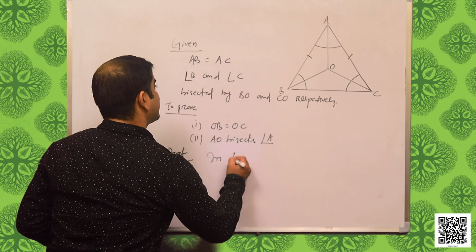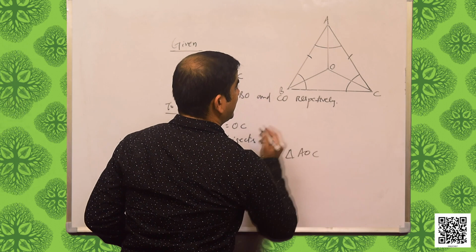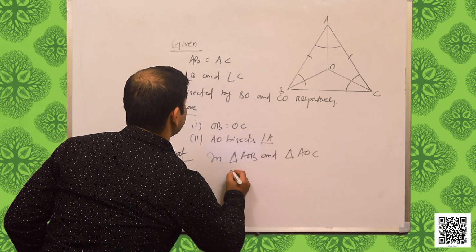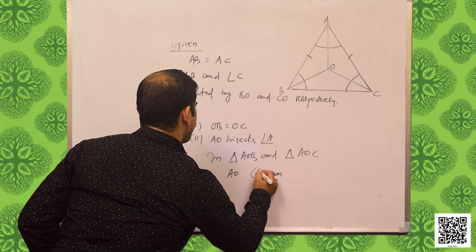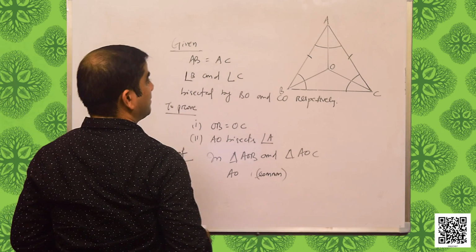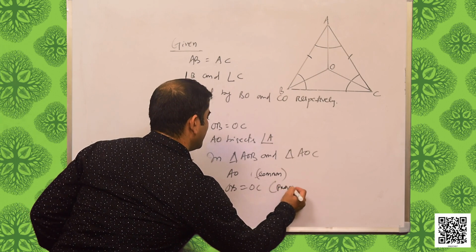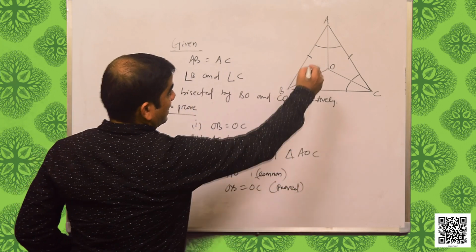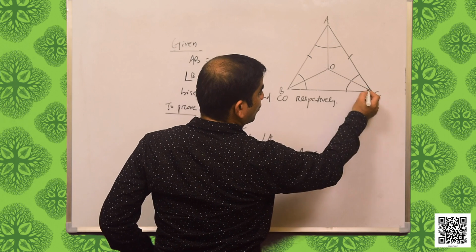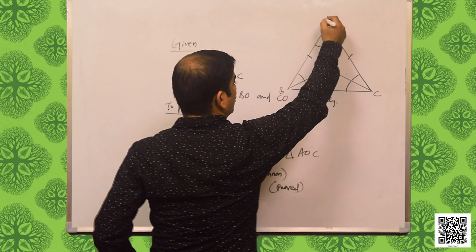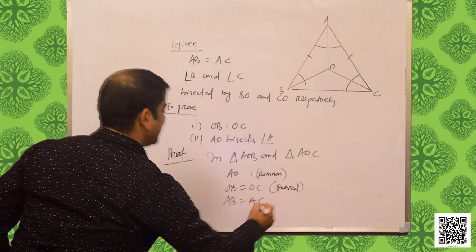So, in triangle AOB and triangle AOC, we have AO as the common side, OB is equal to OC, already proved, and AB is equal to AC, this is given.